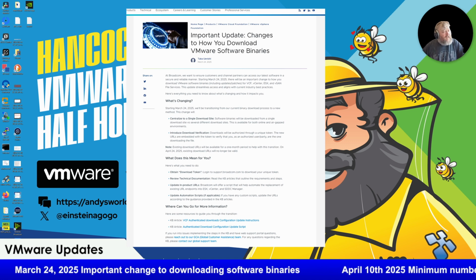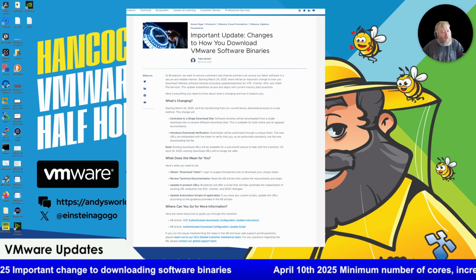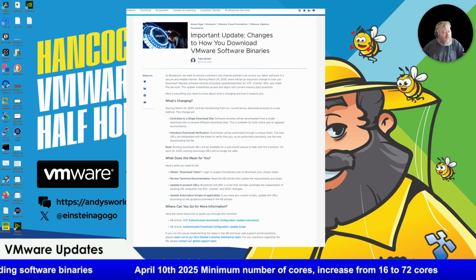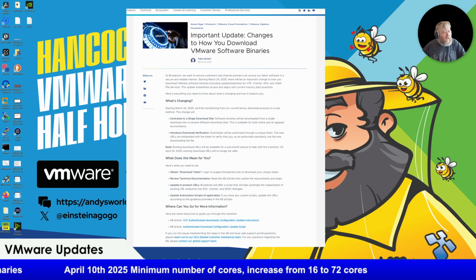And if you don't incorporate the download token into the new URLs, which point at Broadcom, you're going to get an error message, a 404 as well.